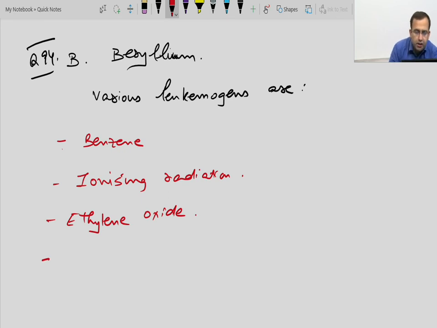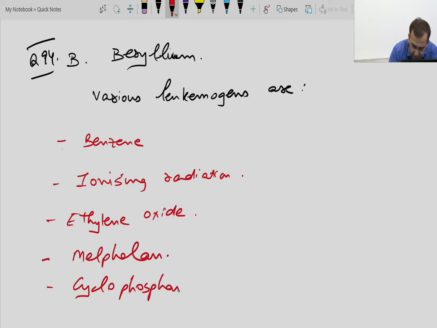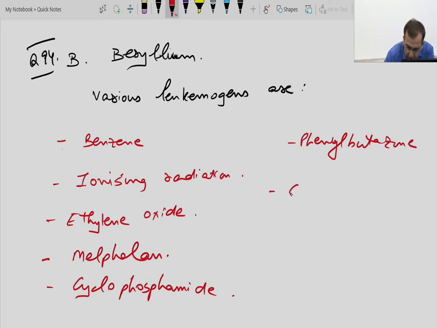Then melphalan, cyclophosphamide, phenylbutazone, and chlorambucil.